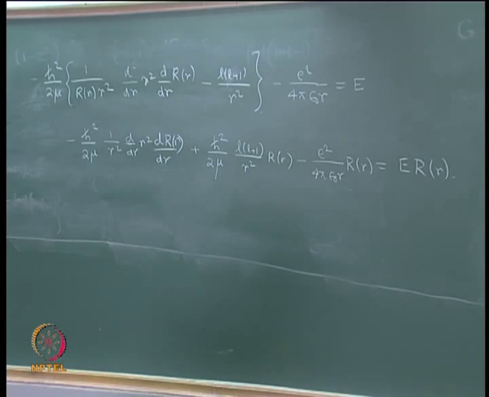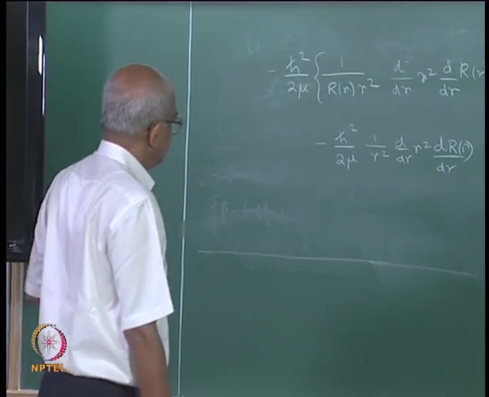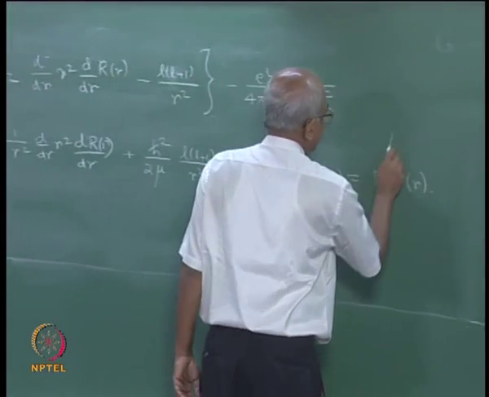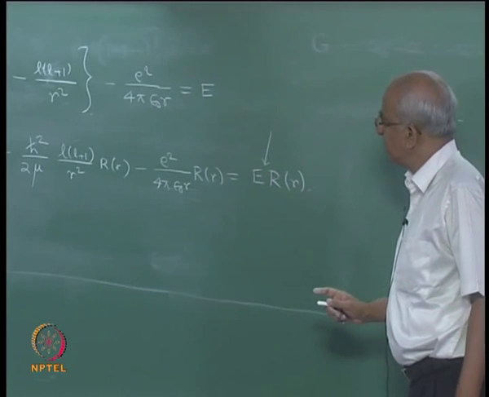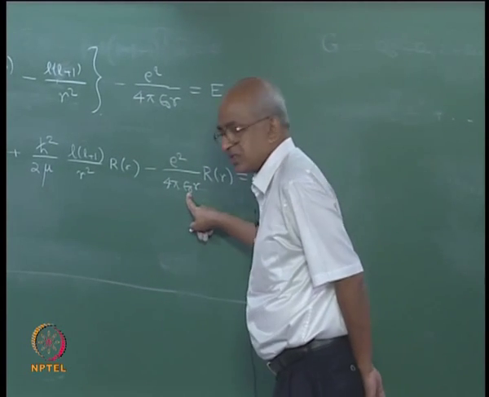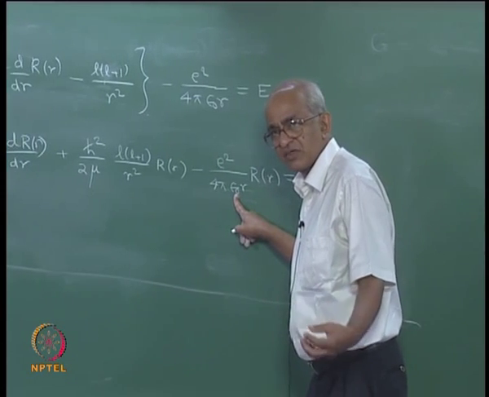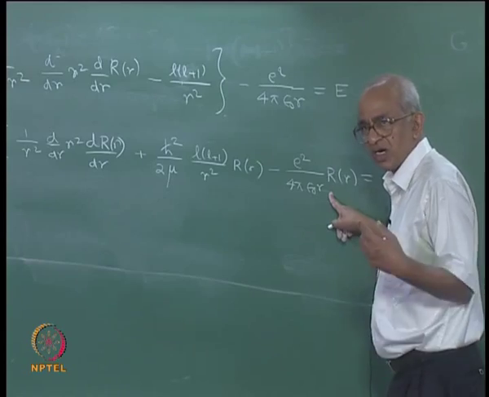Now, you look at this equation, see what are the terms that are occurring in this equation. Here is the total energy of the electron, remember E is the total energy. What is this term? This term is the potential energy because of its interaction with the nucleus, minus e square by 4 pi epsilon 0 r.